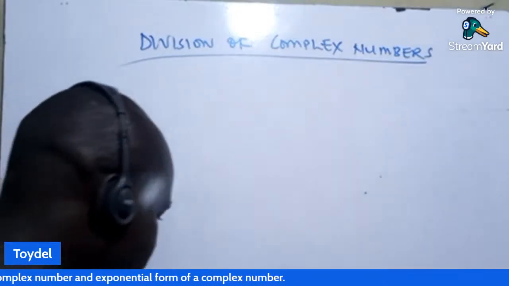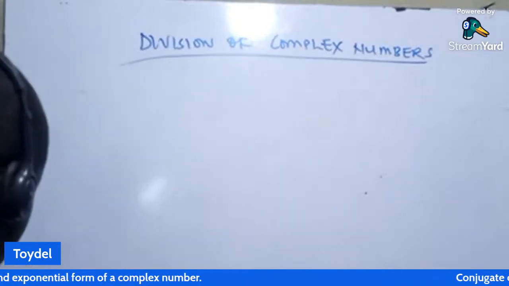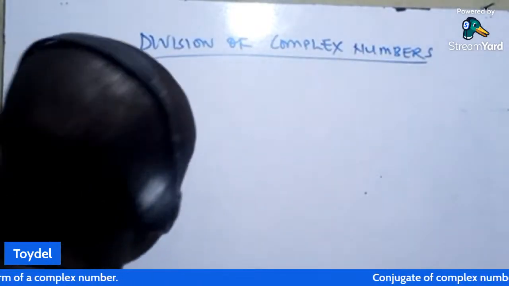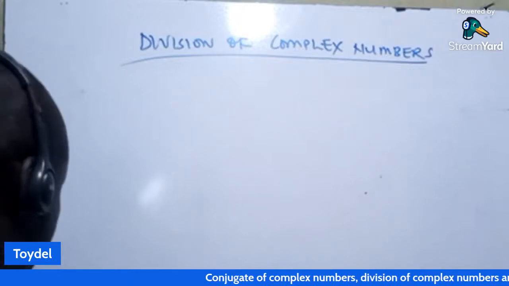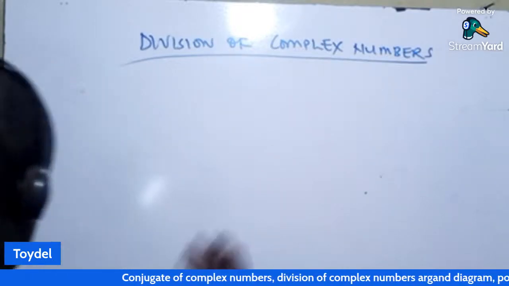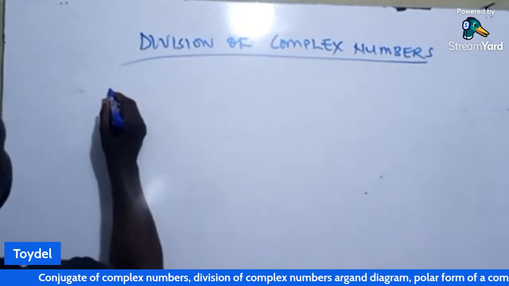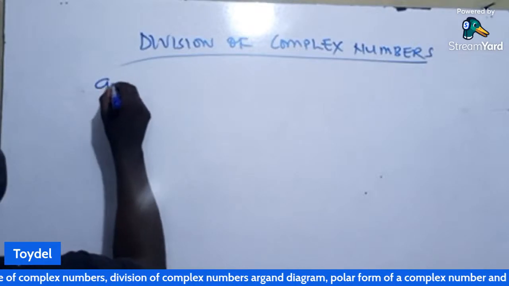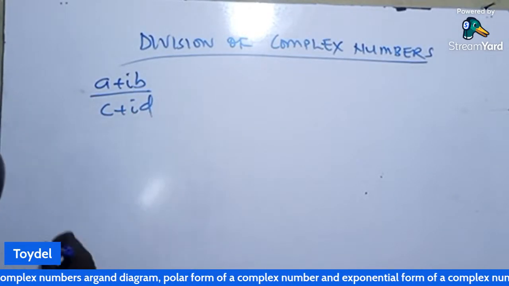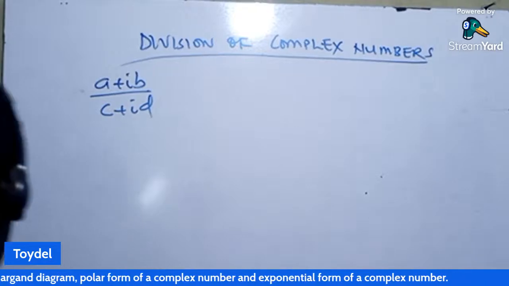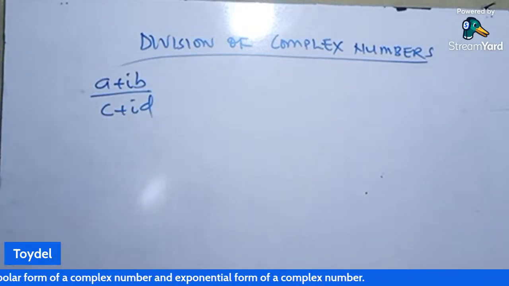To divide one complex number by another, we multiply both the numerator and denominator by the conjugate of the denominator. For instance, if you are given a plus ib divided by c plus id, what are you expected to do?